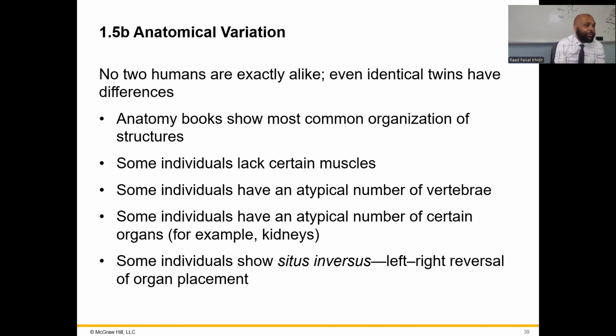There are some human beings with horseshoe kidneys, so their kidneys are joined. Some people are born with six fingers. Some people are born with left-right reversal of organ placement. So what we study shows you there's variation. It's not 100%. Although the anatomy and physiology you study is true for most people, do not be surprised if you meet somebody with differences. Okay?